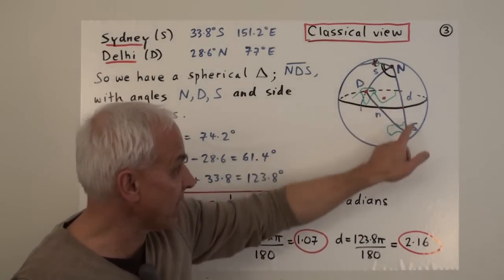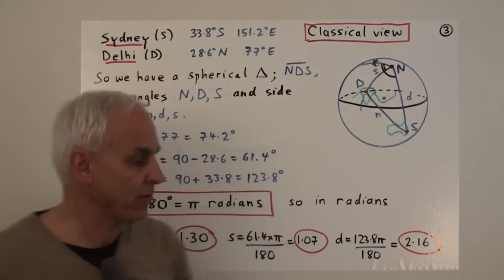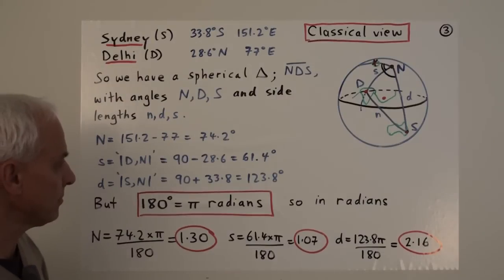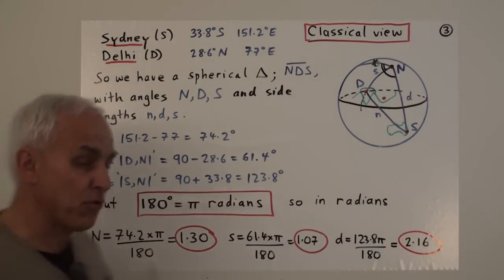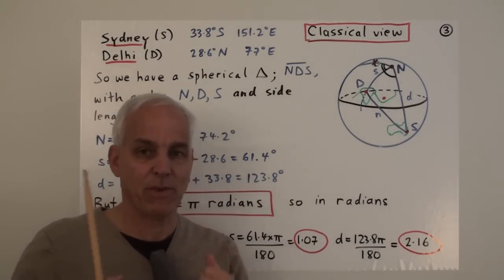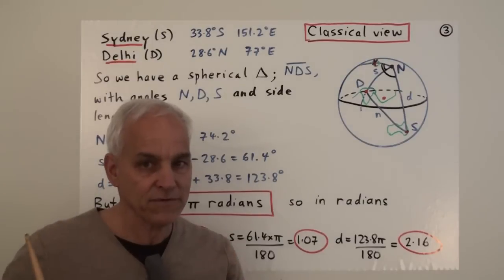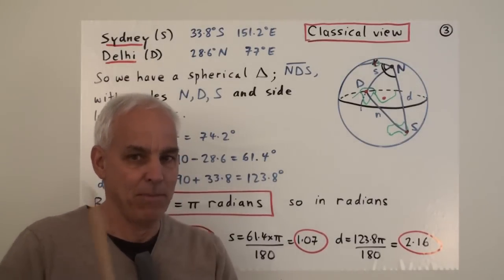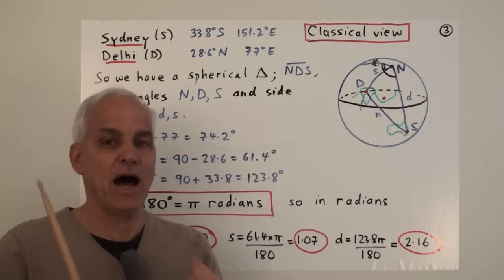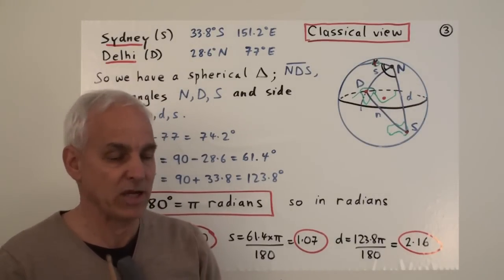That's that side of our spherical triangle. So very good, we have three pieces of information about this triangle, enough in principle to apply some trigonometry and figure out the other pieces.